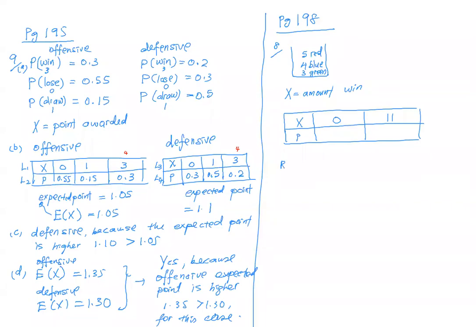This is the first one, this is the second one, and this is the third one. Okay, are you clear? 3 are red, or 3 are blue, or 3 are green. You see, I put an 'or' here.